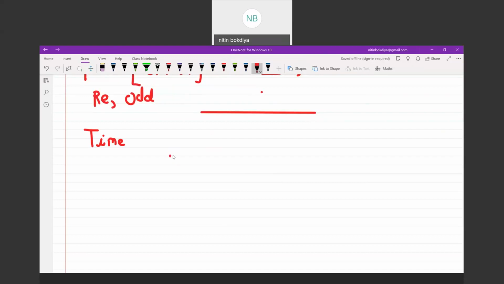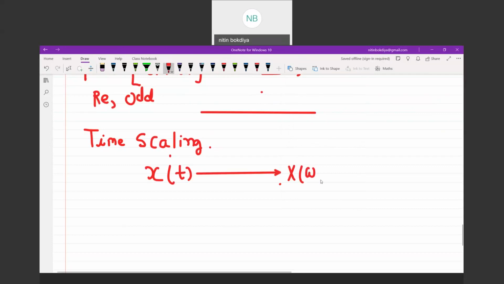Okay, so next is time scaling. And what it says: if x of t has Fourier transform x of omega, then what will be the Fourier transform of x of at? So let's start.